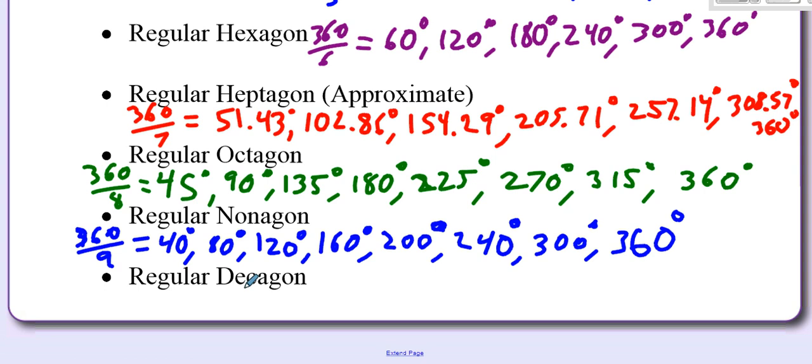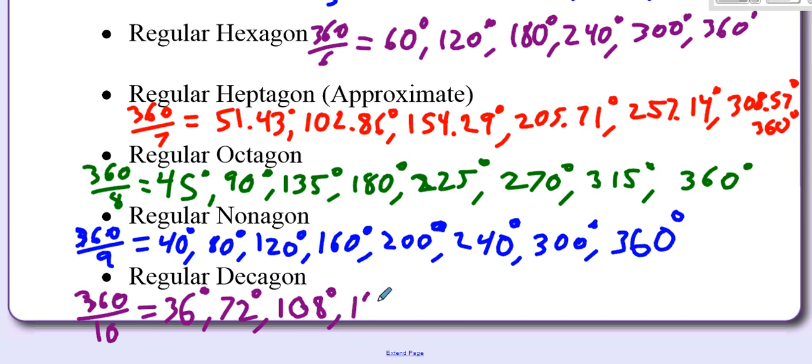And then our last one here, decagon, that's 10 sides. So you do 360 divided by 10. It's 36. Another 36 is 72. Another 36 is 108. Another 36 is 144.